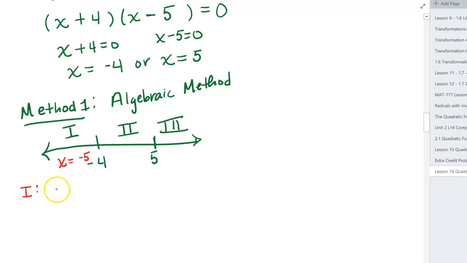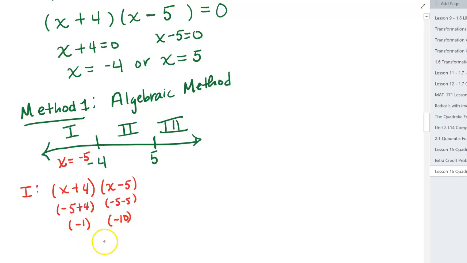So I have x plus 4 times x minus 5. And if you plug -5 in here, -5 plus 4 is -1. If I plug -5 in here, -5 minus 5 is -10. And -1 times -10 is positive.